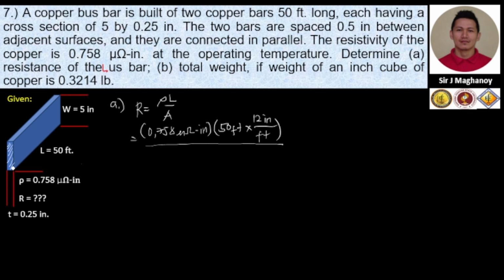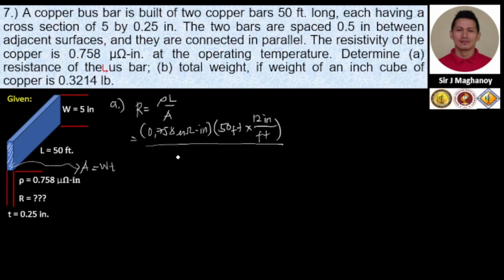That is your thickness and width. Means that your cross-sectional area here is equal to your width times your thickness.